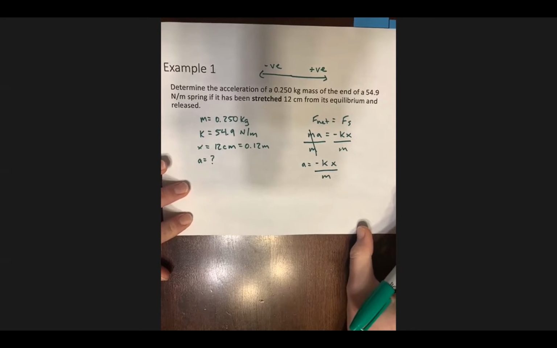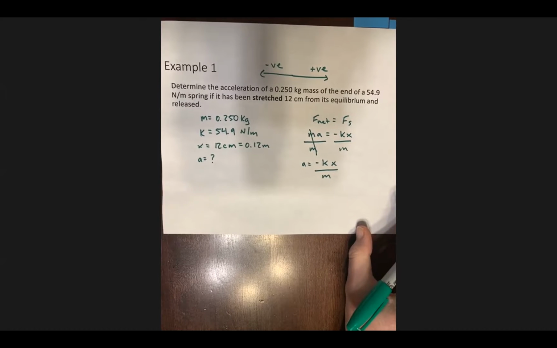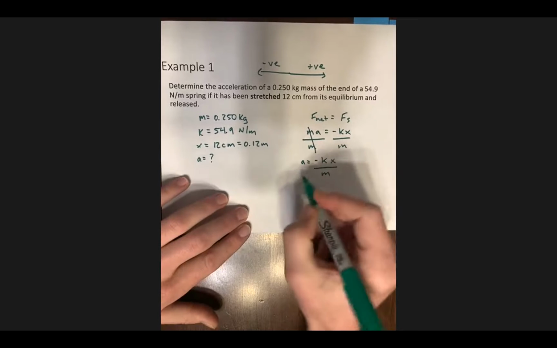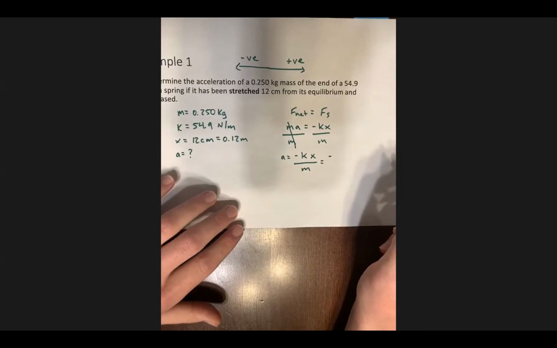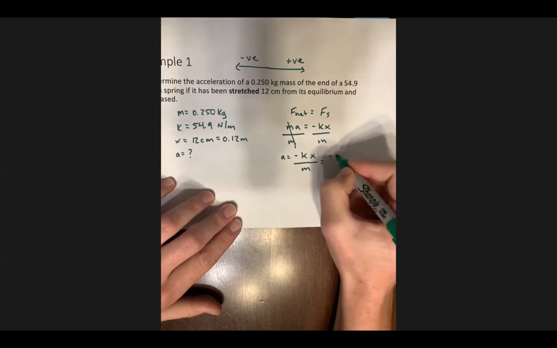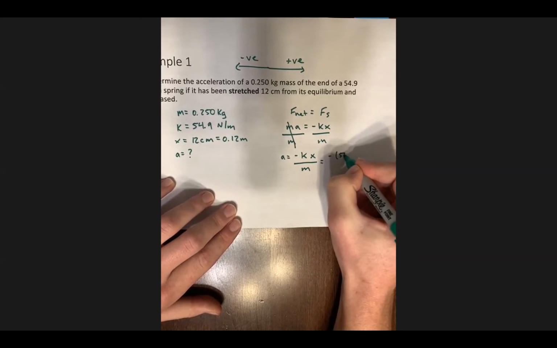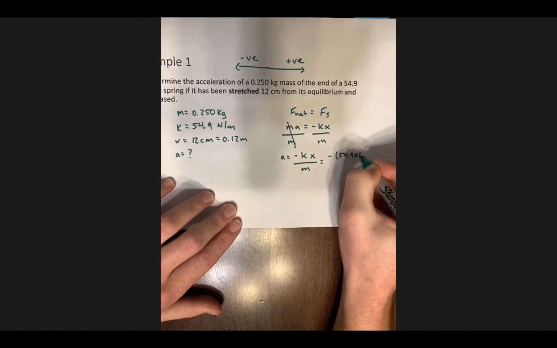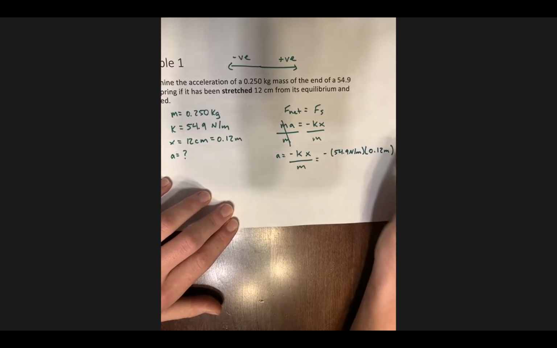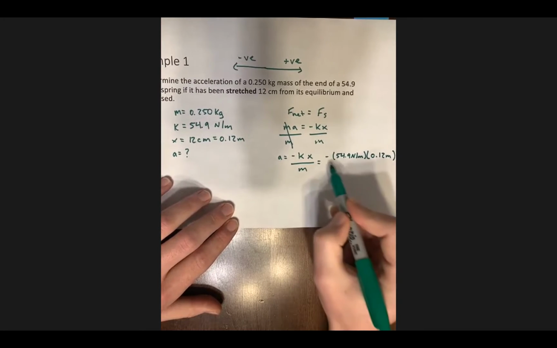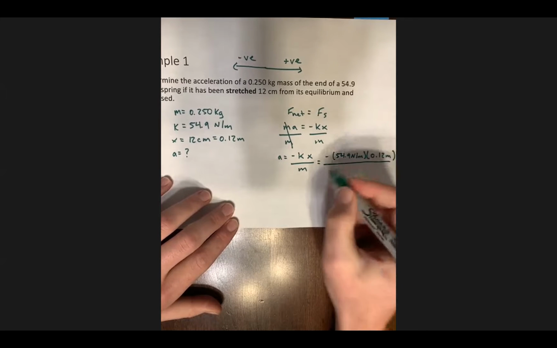Now that that is isolated, we can go ahead and solve for a. So a is equal to negative, k is 54.9 newtons per meter, x, the displacement of the mass, is 0.12 meters, and we're dividing that by the mass.